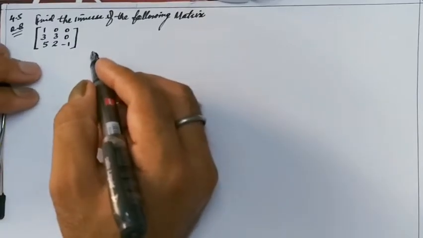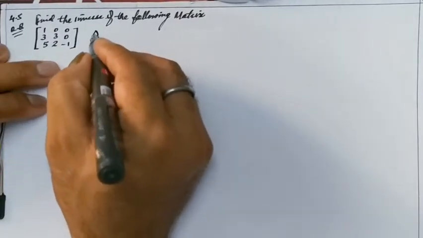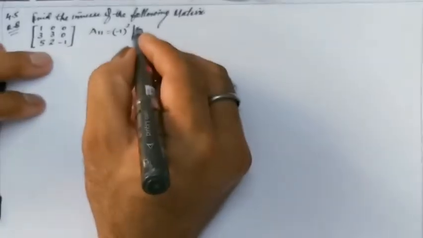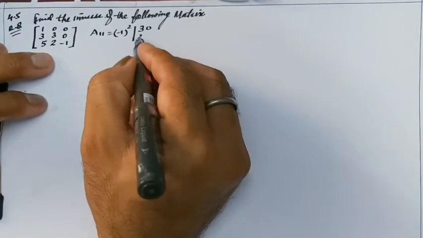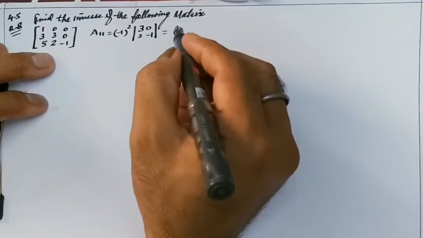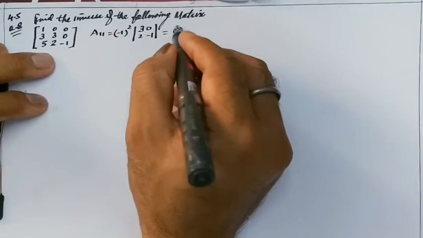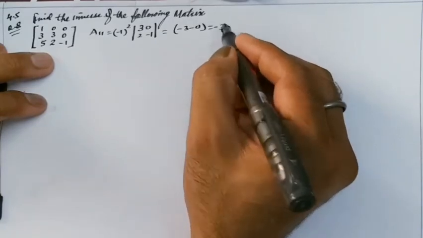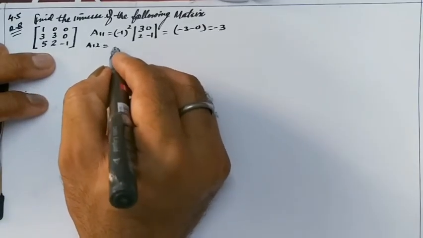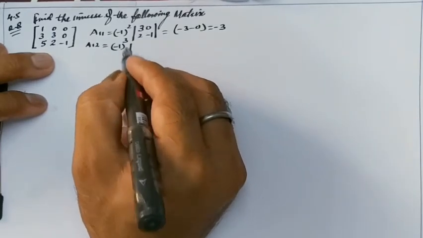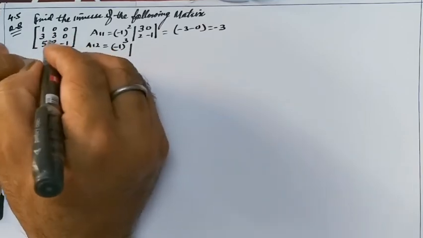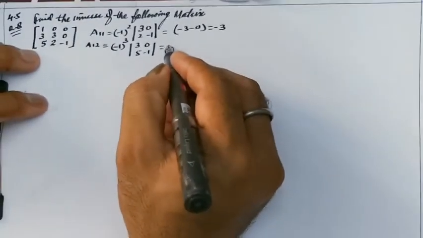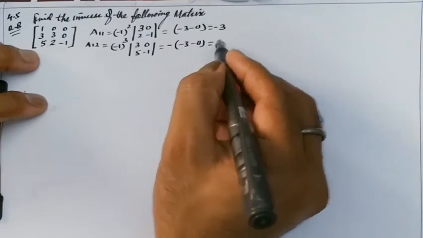Now first of all we'll go for finding the cofactors. So we start with the position a11, minus 1 to the power 2, and then leaving this way, 3 0, 2 minus 1, which is equal to minus 3, and then minus 0, which is equal to minus 3. a12 is equal to minus 1 to the power 3, leaving this way, 3 0, 5 minus 1, which is equal to minus 3 minus 0, which is equal to plus 3.